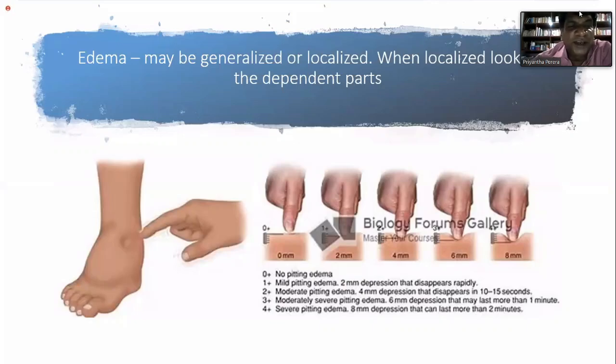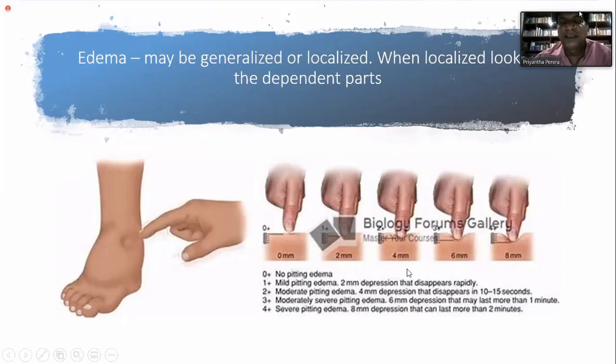So the way to demonstrate it is you press that area with the thumb for 5 seconds and then take your thumb out. If it forms a dimple like that after you take the thumb out, it's called pitting edema, right? Pitting edema indicates fluid in the tissues. So when you press, the fluid gets dispersed and forms a pit there, right?